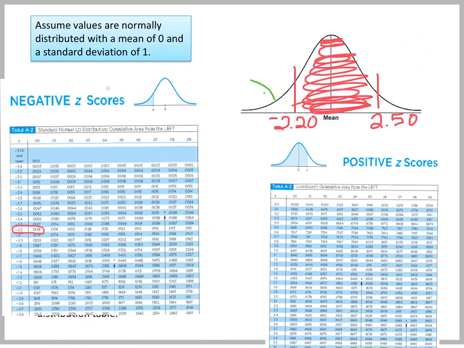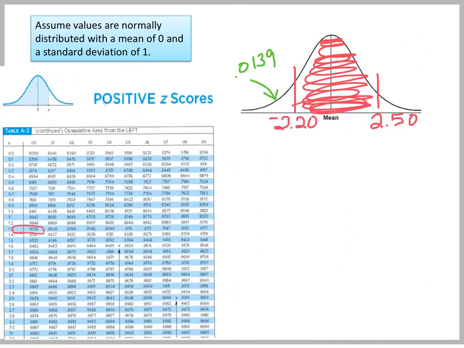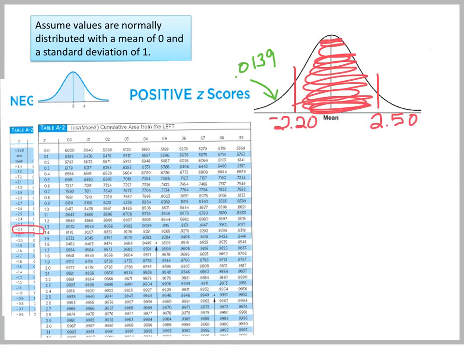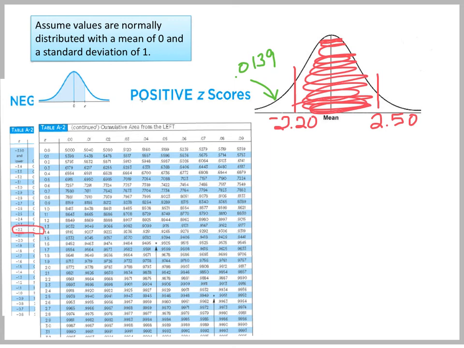But that amount is right here in the tail, 0.0139. And in our positive 2.50, let's see what that is. That's at 0.9938.